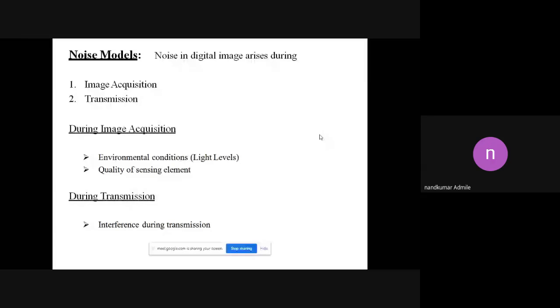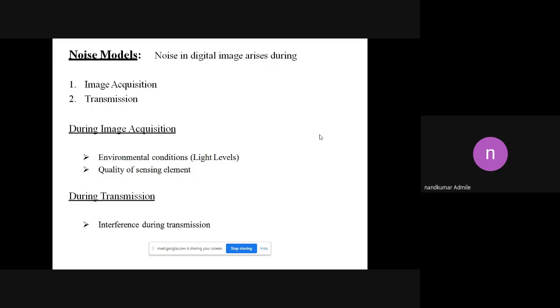When we capture the image using our mobile camera, at that time we focus light on that particular object. For that we study the illumination model, how light falls on an object, and that object reflects the light which enters into our mobile camera.